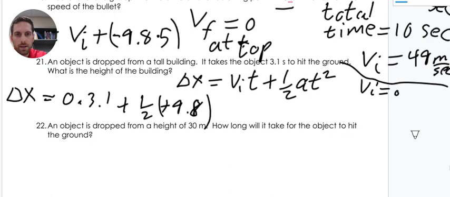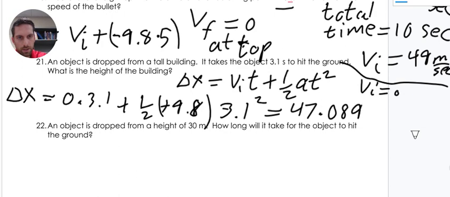And then here we'll do 3.1 squared. Get an answer here. And I'm going to get, looks like 47.089 meters.